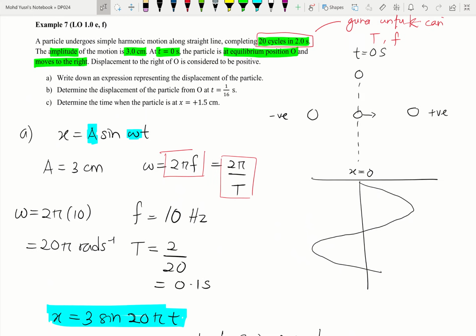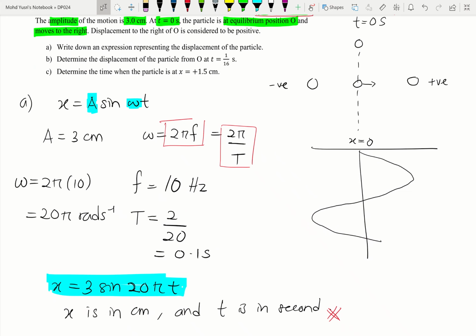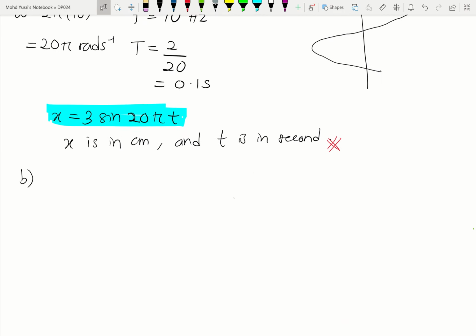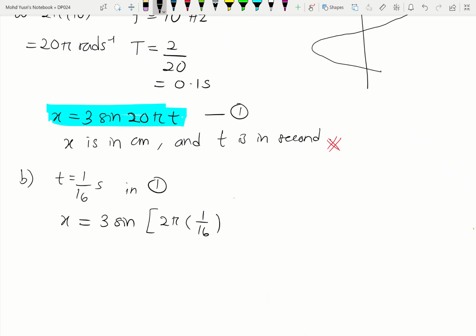determine the displacement of the particle from equilibrium position O at time t is equal to 1 over 16 second. So, for B, we need to substitute t is equals to 1/16 second into our equation. Okay, so into equation 1. So if we substitute into the equation, we'll have 3 sine 2 times pi times 1/16, and kita boleh tekan calculator.